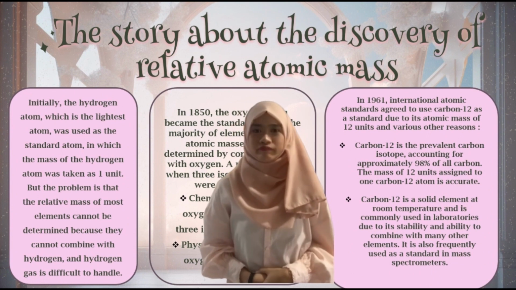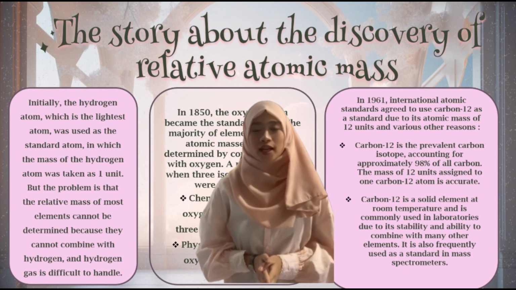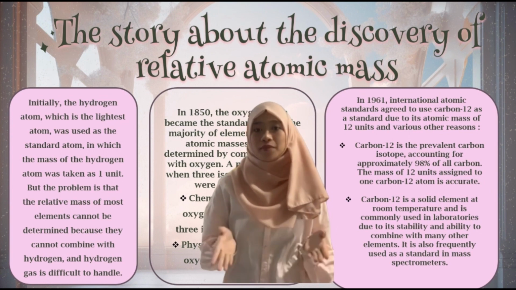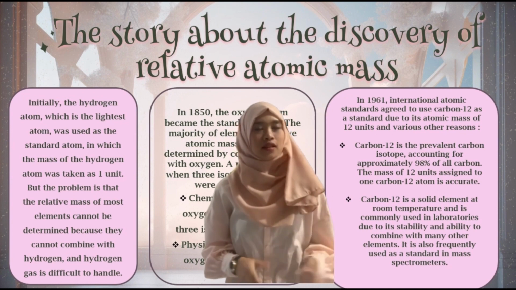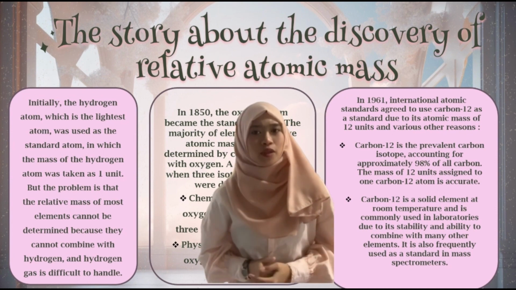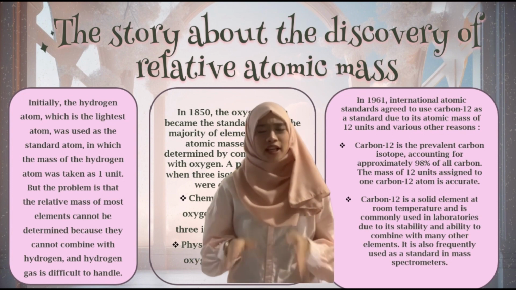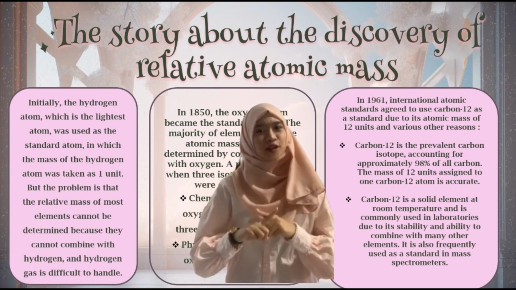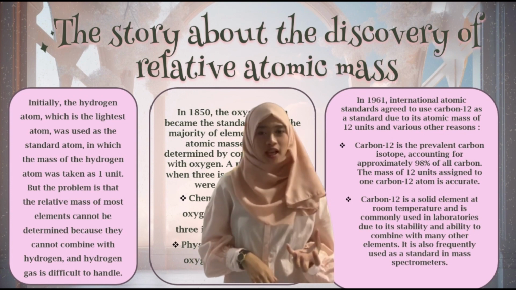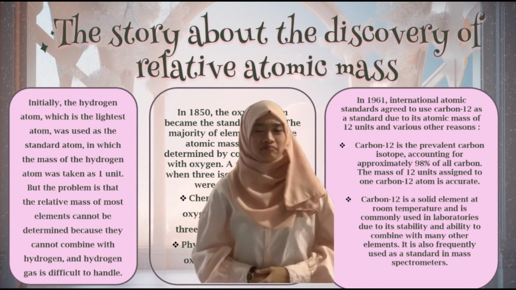Hydrogen is the lightest atom that has been used as the standard atom, in which the mass of a hydrogen atom was taken as 1 unit. But a problem arose, which is the relative mass of most of the elements cannot be determined. Why? Because they cannot combine with hydrogen, and the hydrogen gas is so difficult to handle.